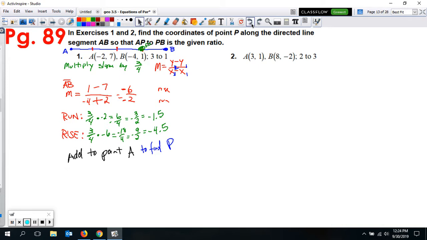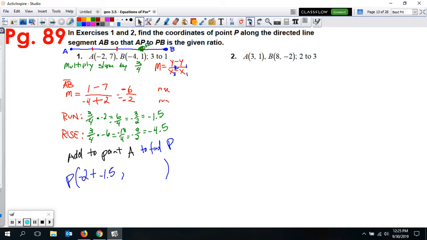So now the next thing to do is add to point A to find point P. We're going to add these each here, so our rise and our run. Our run is going to get added to the x. The rise gets added to the y. So our negative 2 here. As we put our point P down, our big ordered pair, we're going to have negative 2 plus negative 1.5.